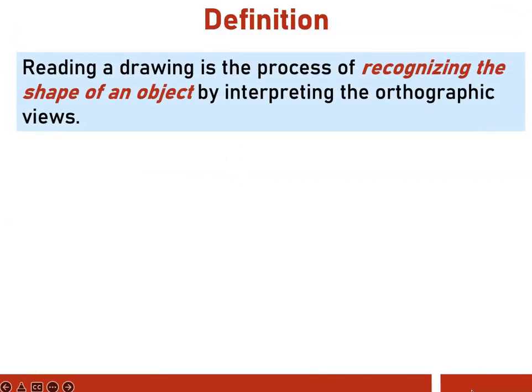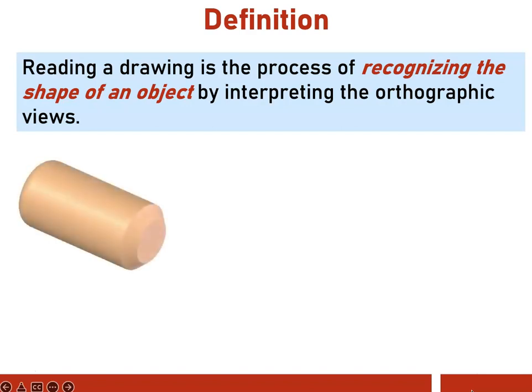Alright. So, reading a drawing is the process of recognizing the shape of an object by interpreting the orthographic views. So, you are given the orthographic drawing and you want to interpret what that drawing means. Okay, you know that your drawing is standardized and you want to translate it into a 3D object, right?